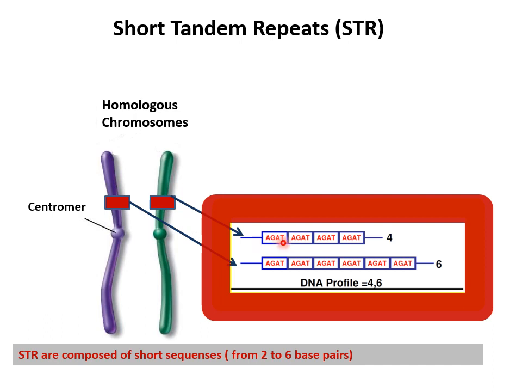It is the sequence AGAT, and on 1 chromosome we can see that this AGAT sequence is repeated 4 times, and on the second chromosome, we are talking about a homologous chromosome pair, we have 6 repeats of this AGAT sequence. So we can consider that for these particular homologous chromosomes, the profile is 4,6.